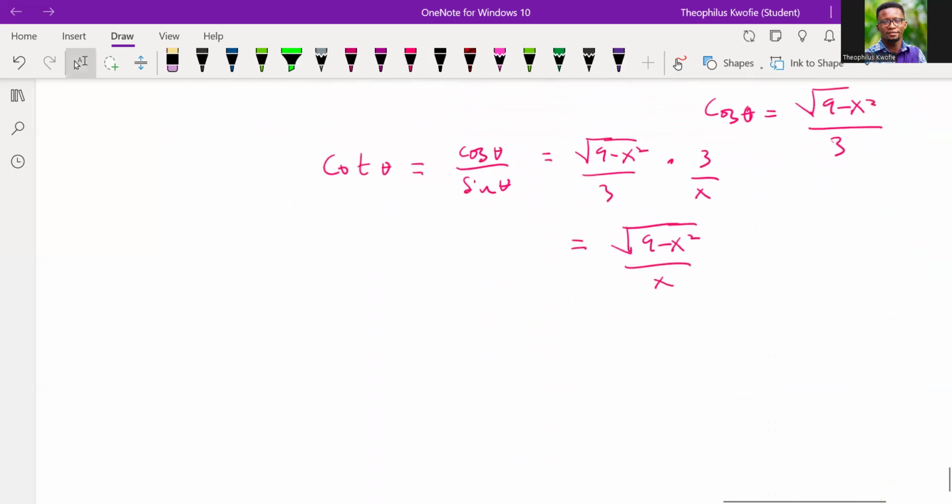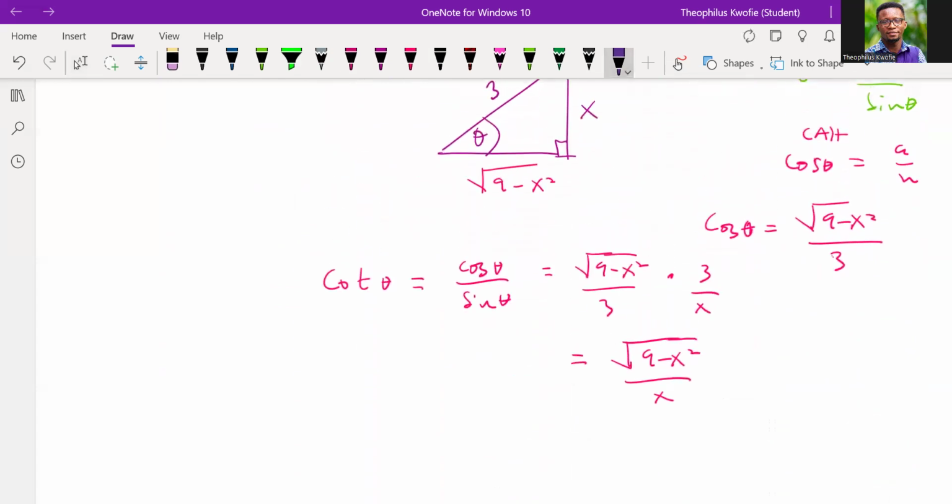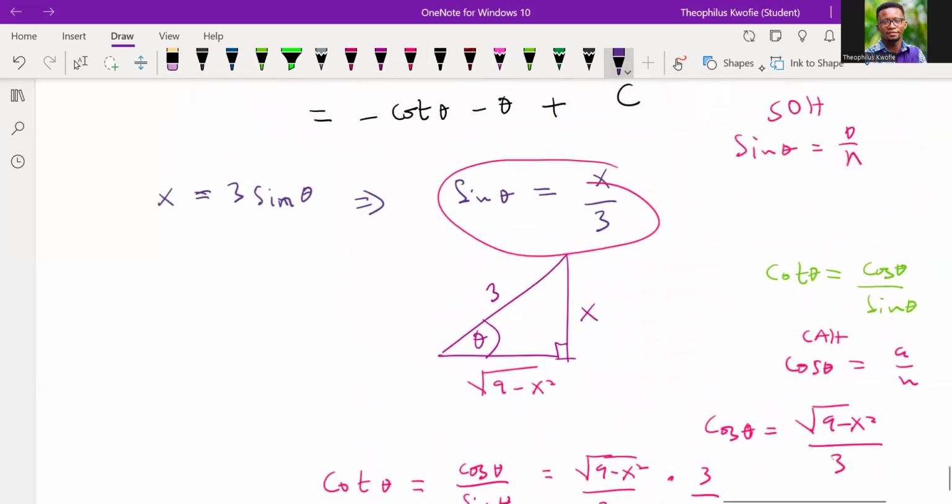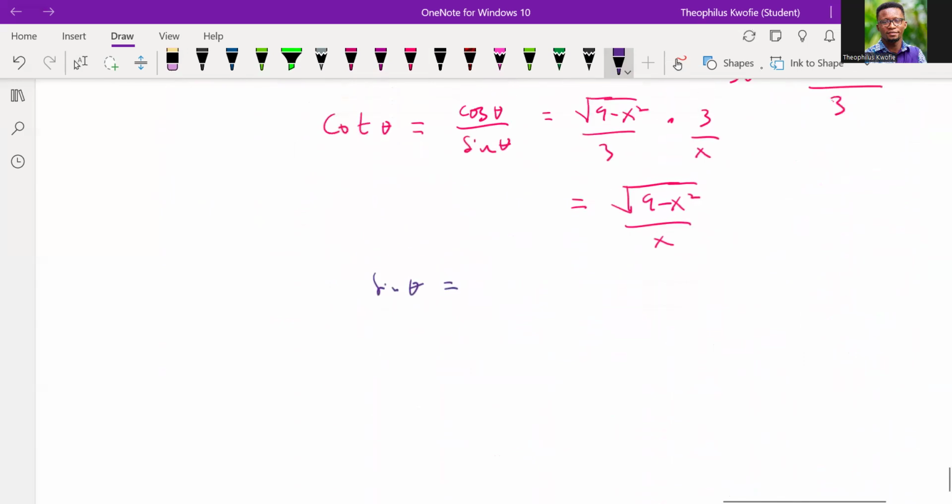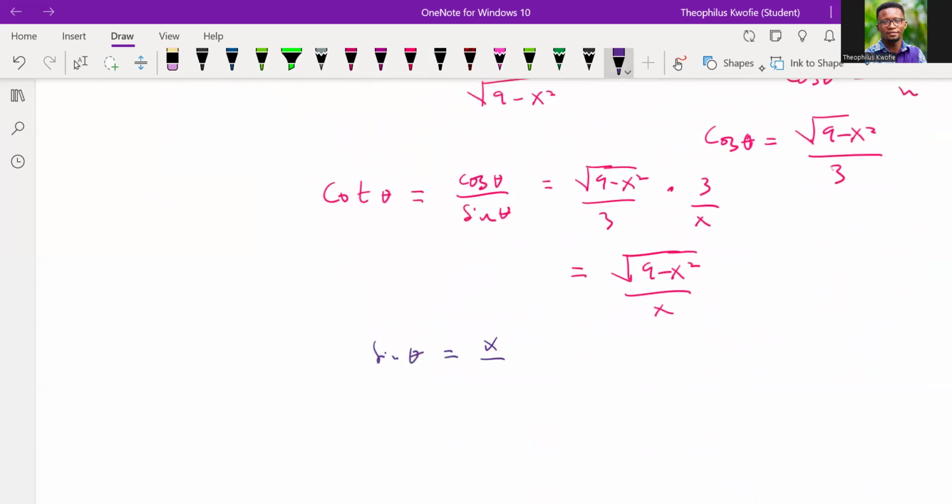But then we also need theta, right? Because we already know sine theta should be equal to x over 3, it is easy. To find theta, we just find the sine inverse of x over 3.